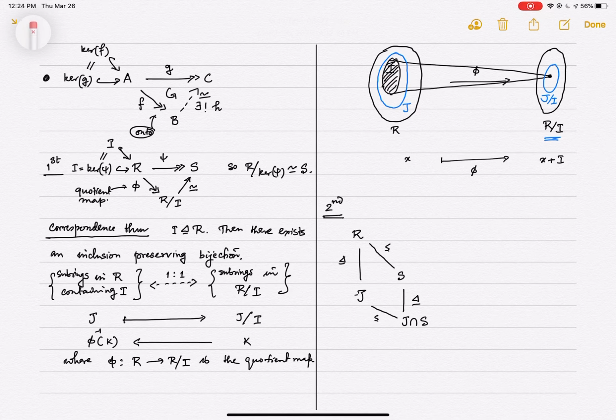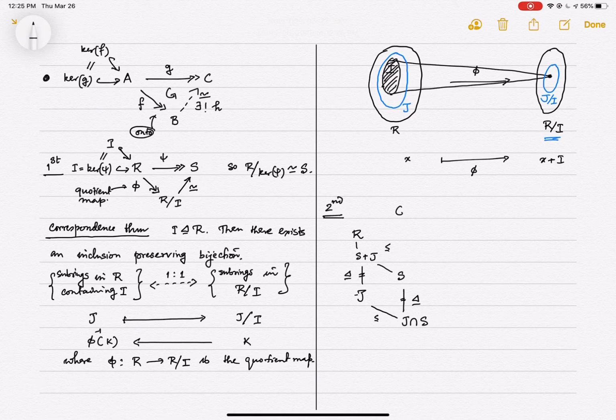On the other hand, you could consider the sum of these two, S plus J. That's a subring that contains J and contains S. So J is now an ideal in S plus J. And then what you have is this quotient is isomorphic to that quotient.